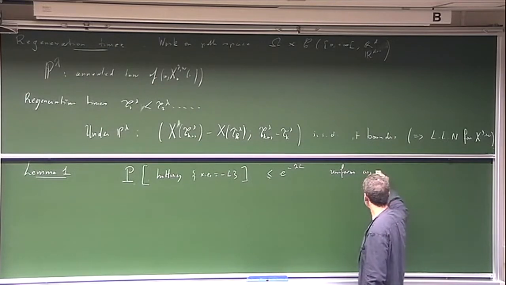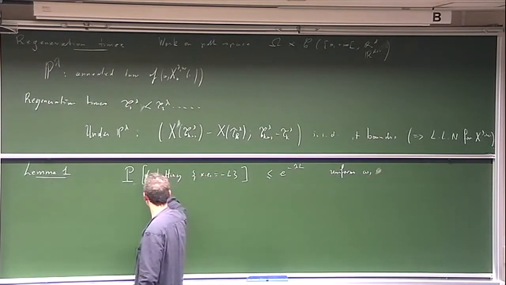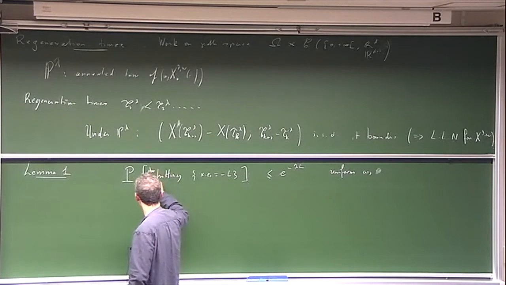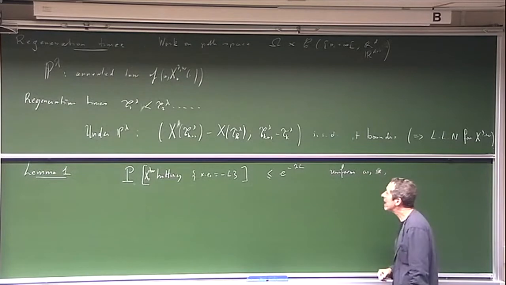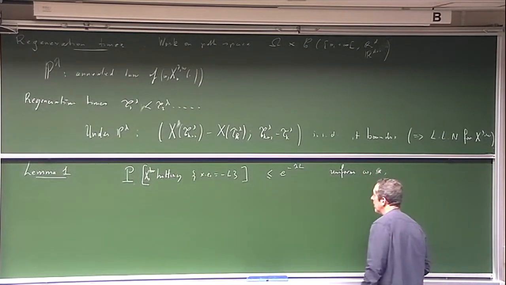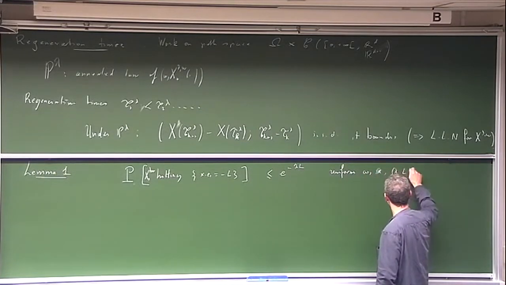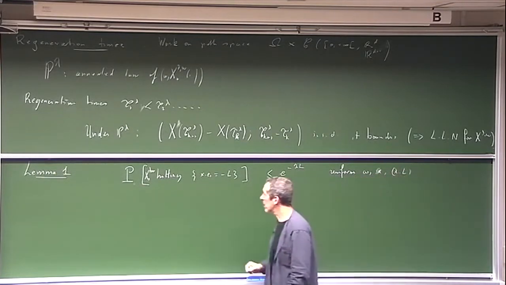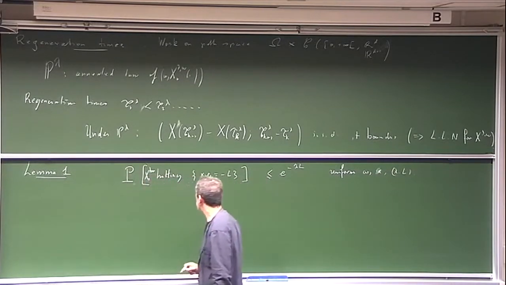That is, omega. Well, okay, so first, maybe I should have written that the process starts from x. So it is uniform with respect to omega and x. Also lambda and L if you put the right constants. And anyway, we will take lambda L to be large enough. Is x around the origin?